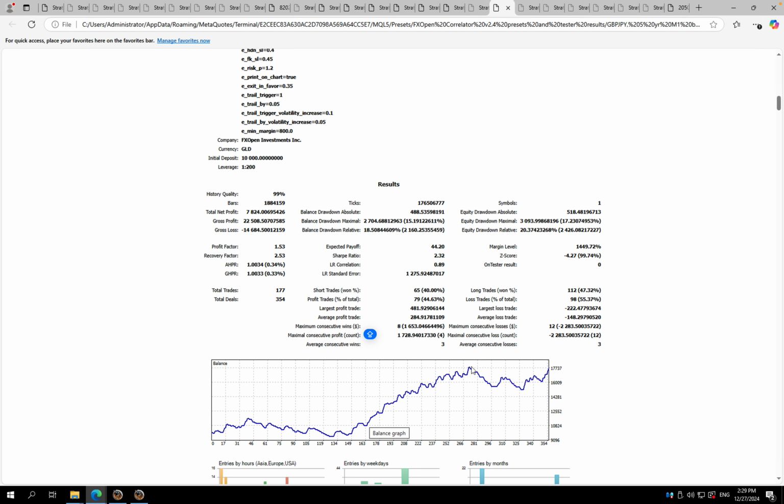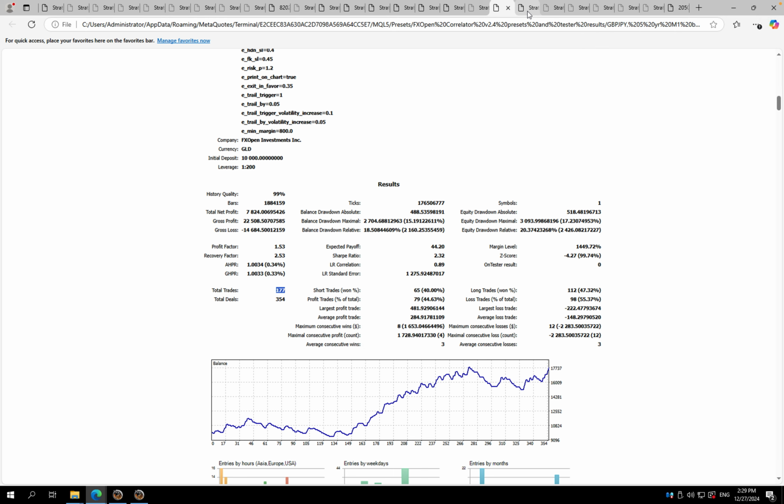Here you see the curve of the balance. Largest drawdown is 20%. Average profitable trade 284. Average losing trade 148. And that's the number of trades it made.